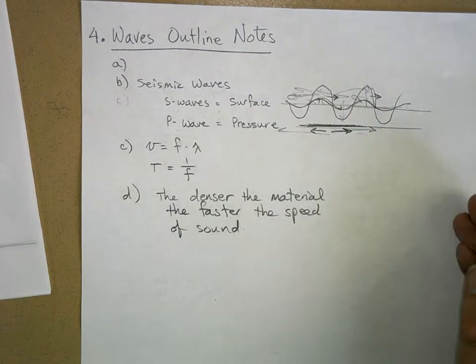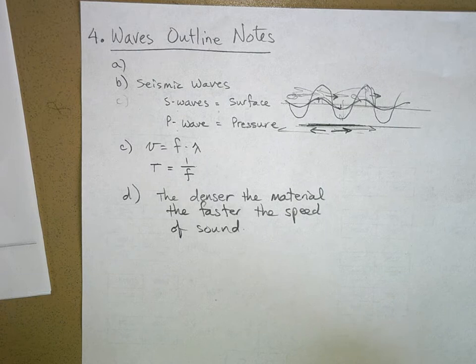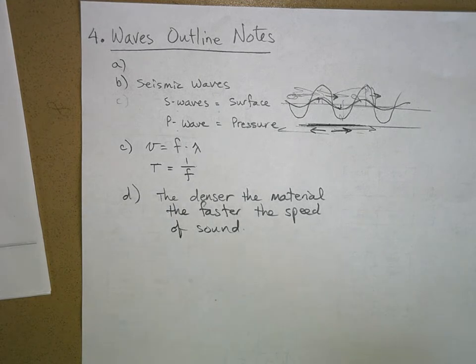And it's because the molecules are closer together. The particles that make the substance, if it's denser, those particles are closer together. And thus it takes less time for them to run into each other, and thus the compressions and rarefactions in the air travel at a faster speed.